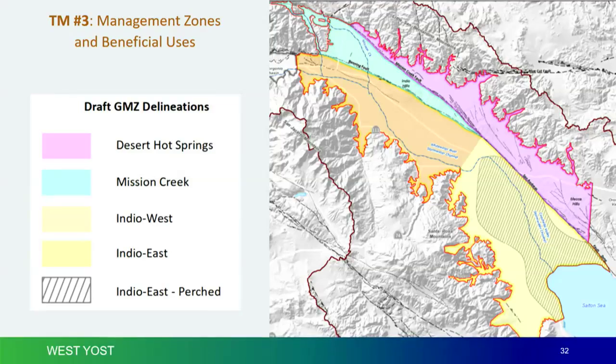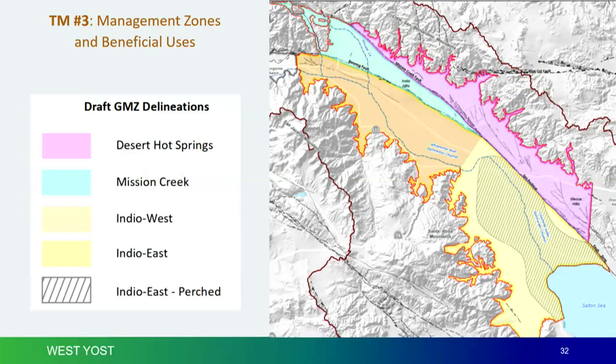This is what we're proposing in this TM as a start. We're calling these draft groundwater management zones. We're going to propose something in this TM. We're going to learn more as we work our way through this work plan. Specifically, our groundwater quality modeling tasks, we're going to see the future of what we predict groundwater quality to change in the future.